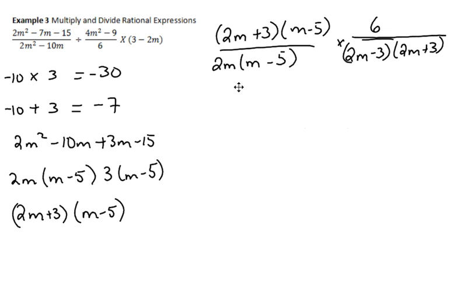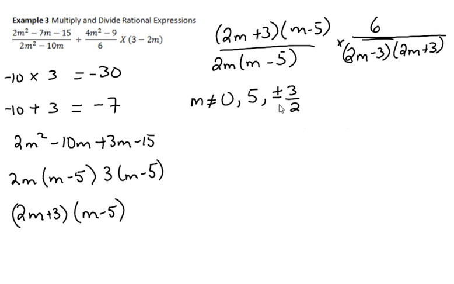At this point, I'm going to state some restrictions. So here, m cannot equal 0, m cannot equal 5 here, and then for both of these factors, I need to set them equal to 0 and isolate m. When I do that, I should find out that m cannot equal plus or minus 3 over 2.